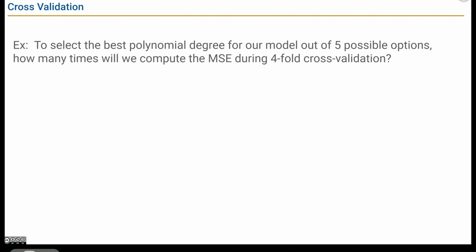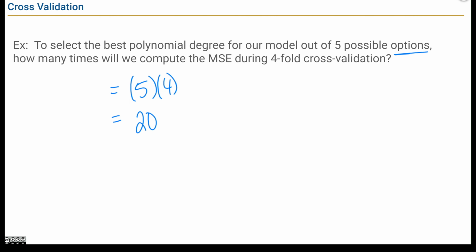Which leads me to the next question. Suppose I wanted to select our best polynomial degree out of 5 possible options, so 5 possible models. How many times will we compute the mean squared error during 4-fold cross-validation? For each of our 5 possible options, I'm calculating the mean squared error 4 times. So altogether, I'm going to have 20 mean squared error calculations.